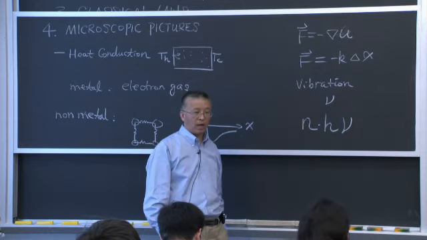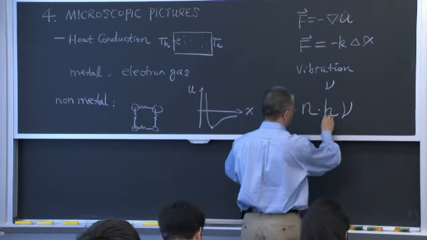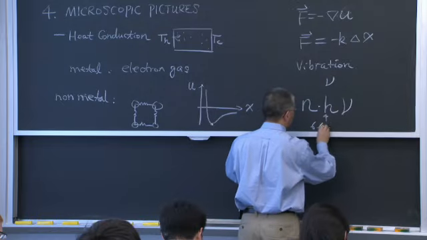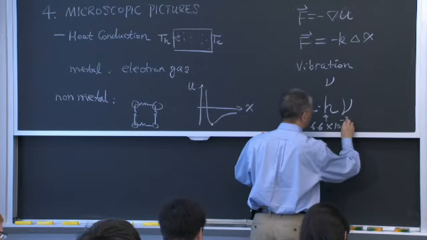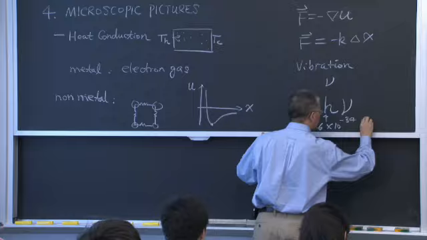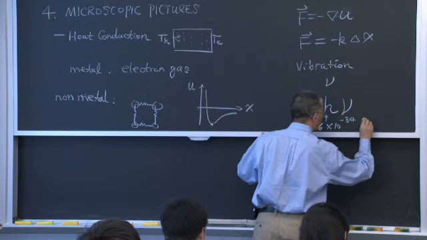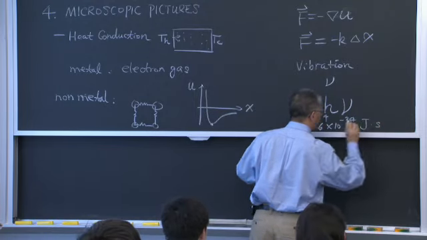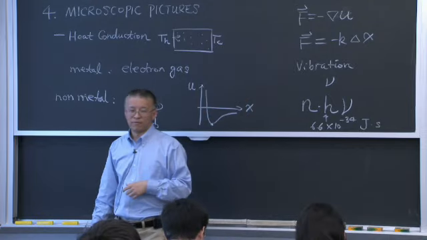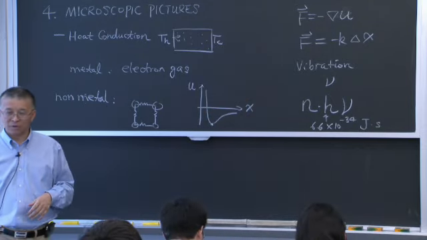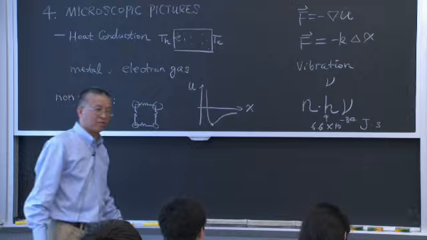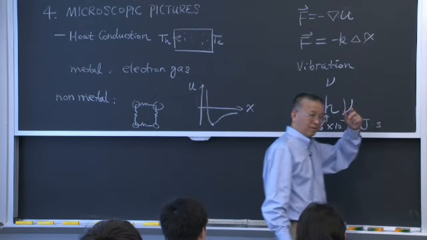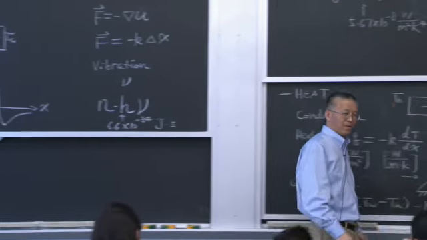The h is the Planck constant, 6.6 times 10 to the minus 34 joule second. Physicists use atomic units, so they don't carry these large negative numbers, but I only remember the SI unit.